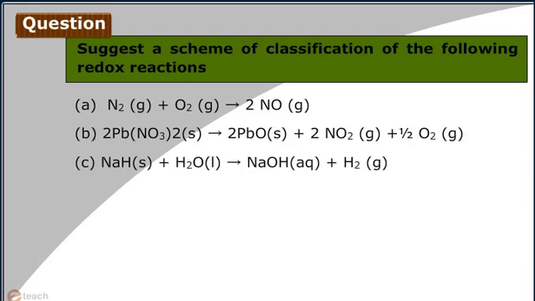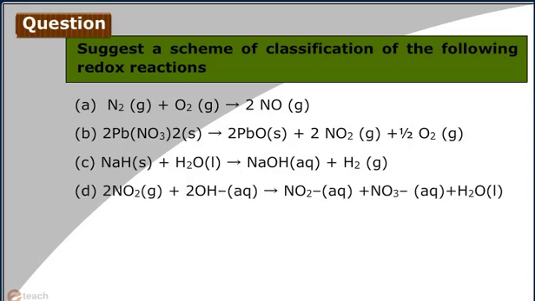C. NaH solid plus H2O liquid gives NaOH aqueous plus H2 gas. D. 2 NO2 gas plus 2 OH minus aqueous gives NO2 minus aqueous plus NO3 minus aqueous plus H2O liquid.